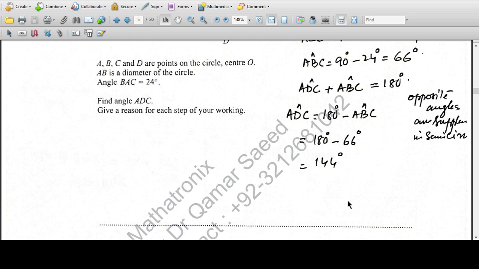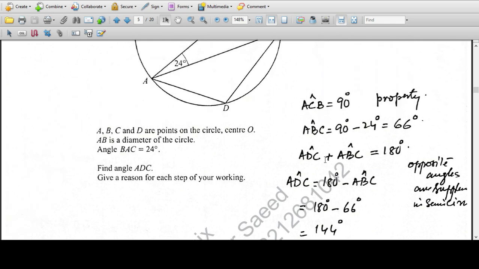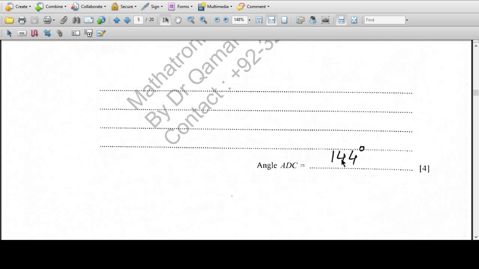It's 124, so this is not correct. 114, sorry. This is 114. Mistakenly I wrote 144. This angle is 114.